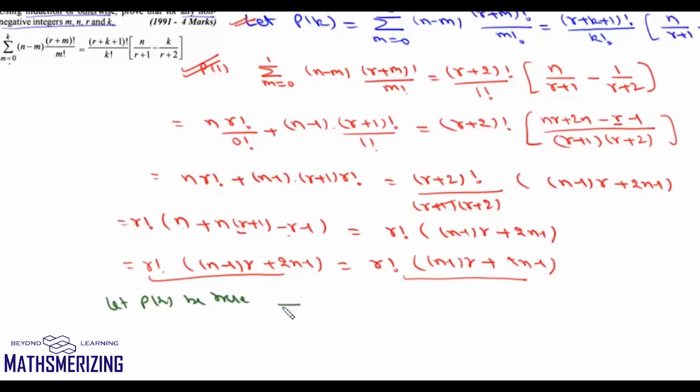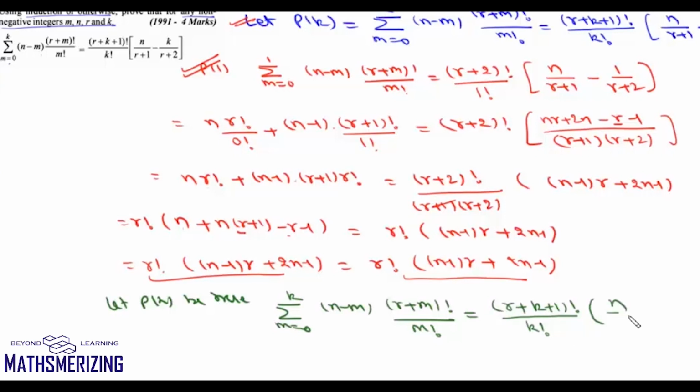So that means simply summation m varies from 0 to k n minus m into r plus m factorial upon m factorial, and this is equal to r plus k plus 1 factorial upon k factorial, and this is into n upon r plus 1 minus k upon r plus 2. Now using Pk, we need to prove Pk plus 1 is true.